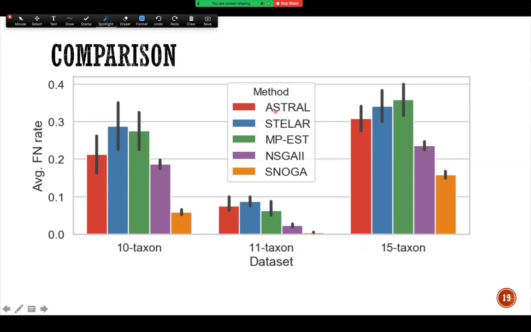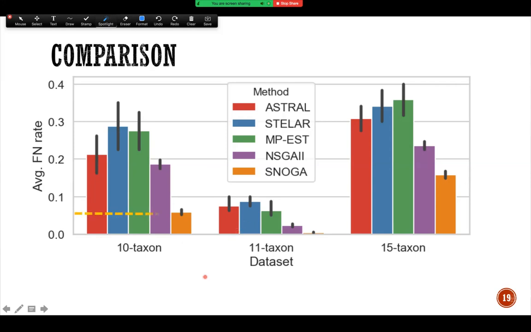In this figure, we compare the multi-objective meta-heuristics with the 3 summary methods. So we show the average FN rate with standard error bar averaged over 10 replicates for each data set.